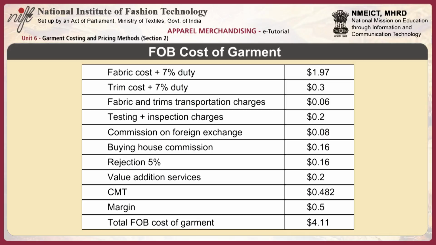So in the previous example, the fabric cost plus 7% of duty is coming to $1.97, trim cost plus 7% duty is coming to $0.3, fabric and trims transportation charges is coming to $0.06, testing plus inspection charges is working out to be $0.2, commission on foreign exchange is working out to be $0.08, buying house commission is working out to be $0.16, rejection at 5% is coming out to be $0.16, value addition services is taken as $0.2, CMT as we calculated earlier is $0.482, margin is $0.5.